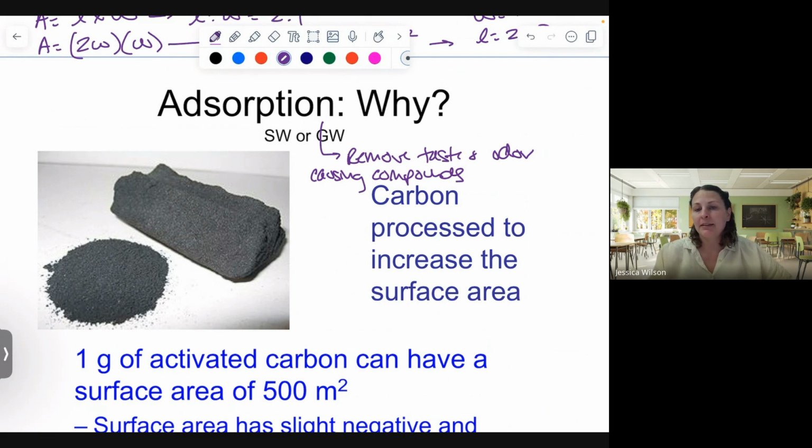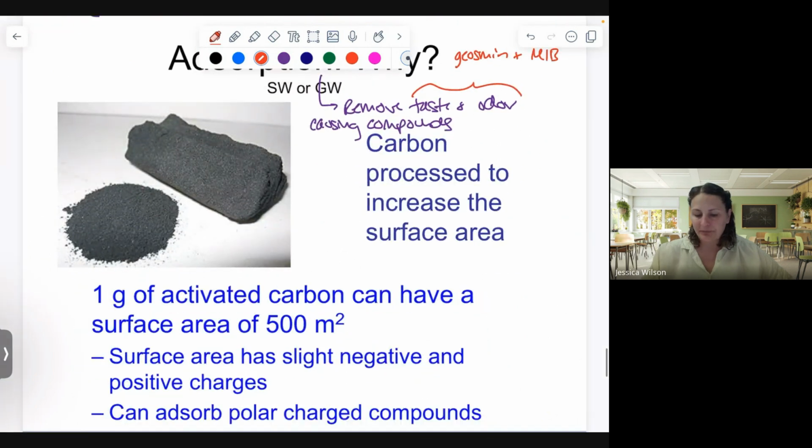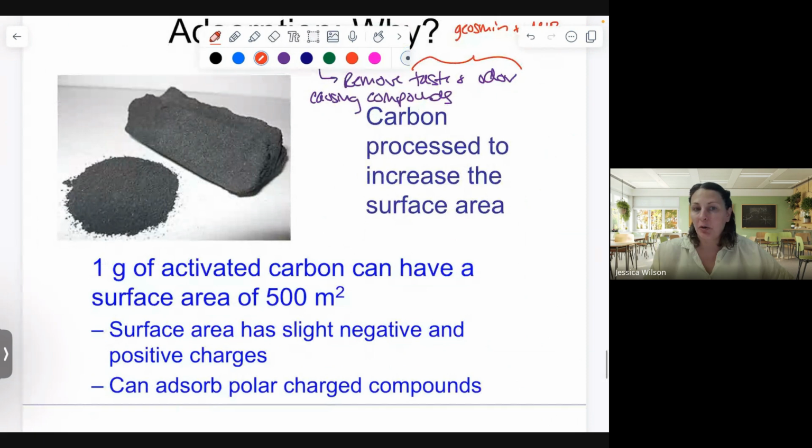Sometimes if you have a lot of taste and odor causing compounds, two of which I mentioned in an earlier lecture, that was geosmin and MIB, those are algae that contribute to a really earthy, musty smell and a poor taste in your water. So sometimes if you have these, you want to get rid of them right at the beginning of your treatment train. And you can do adsorption with charcoal.